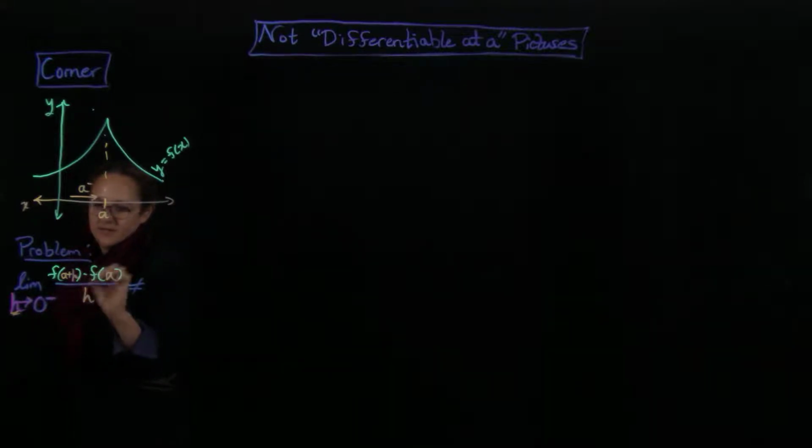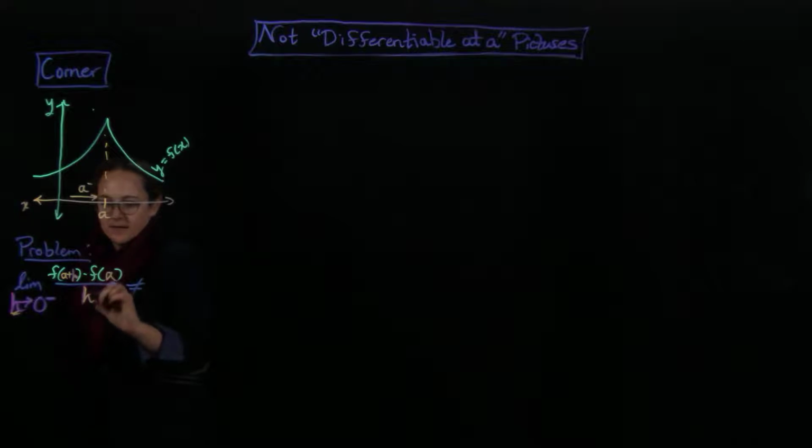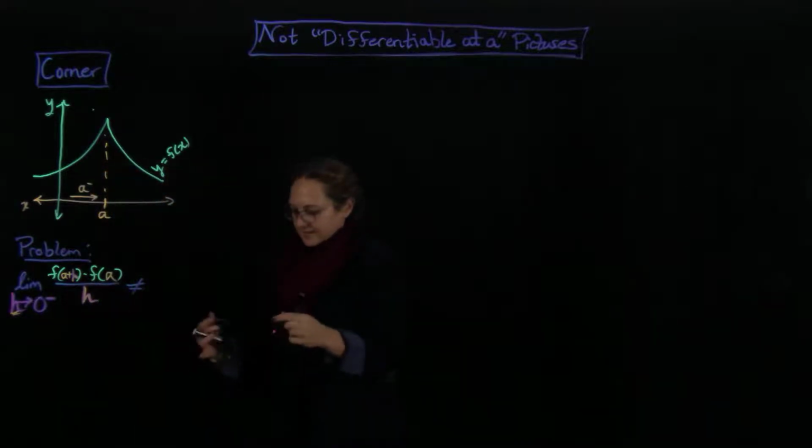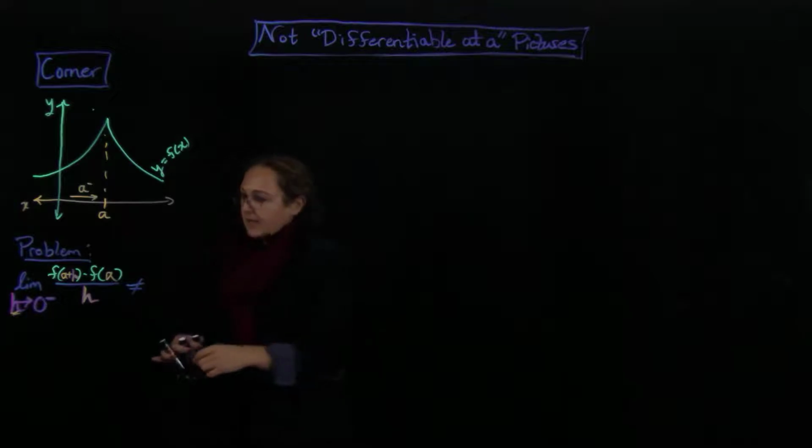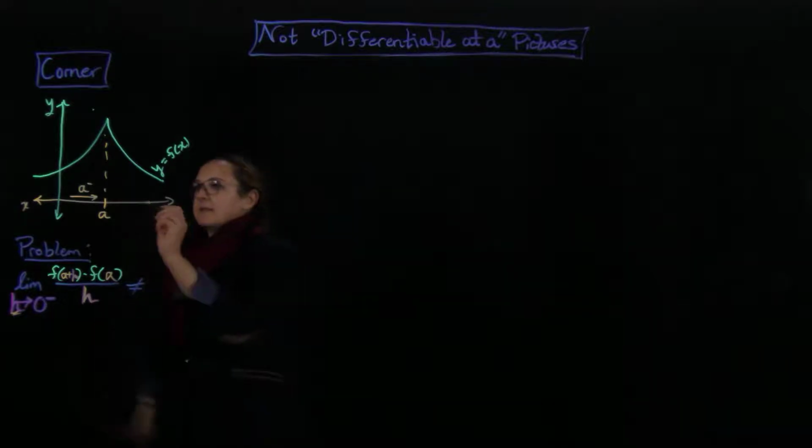So here's that h. Here's that h, because I'm not using red for anything else. Then this does not equal what happens if I approach from the other side.